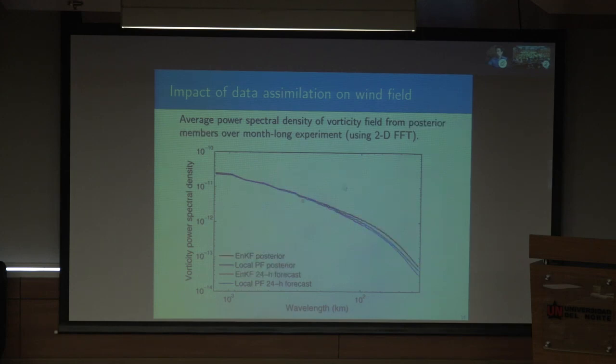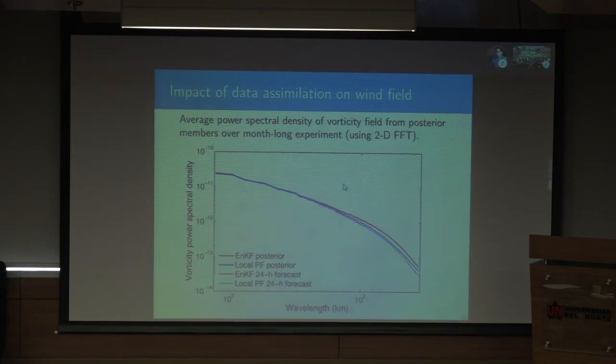And then what I'm showing in this slide is if I perform the same calculations, but for posterior members for the EnKF and the particle filter. The red is the EnKF, the blue is the particle filter. What stands out here is how much more energy there is in the smaller scales in the EnKF posterior members compared to the particle filter members. Both of them have spuriously large energy in these scales.